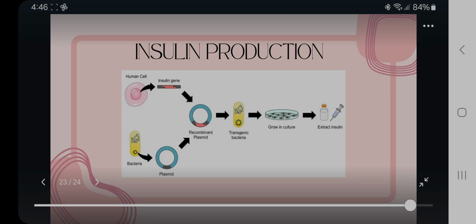So the plasmid itself is cut using specific enzymes, and there's DNA being extracted from human pancreatic cells, and they combine these two things together. So they take a piece of the plasmid and they take DNA from that pancreatic cell and they combine them from two different species.